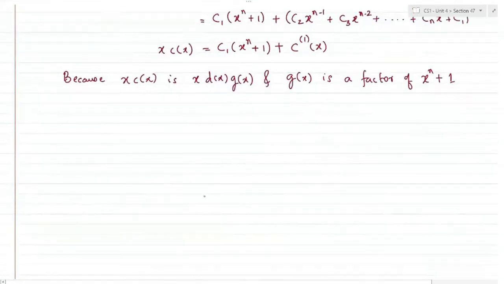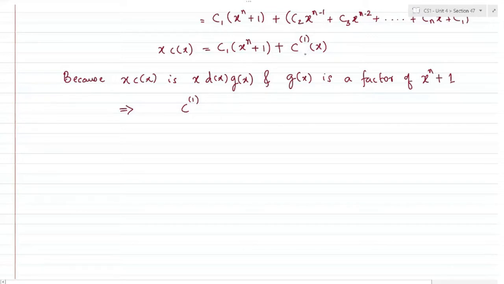So considering both of these facts, the left hand side is x times d of x times g of x, and also g of x is a factor of x power n plus 1, which is the first term we have obtained as C1 times x power n plus 1.